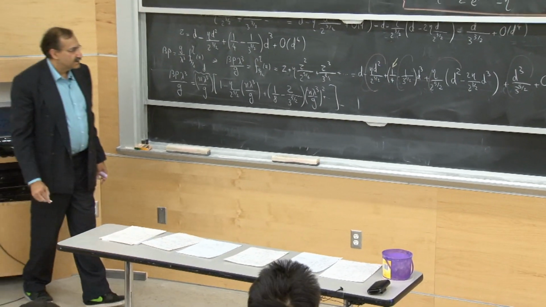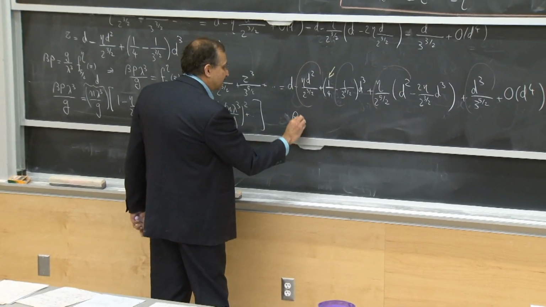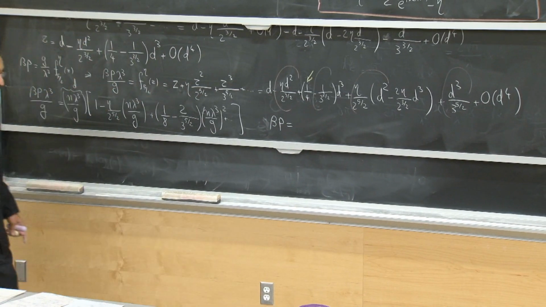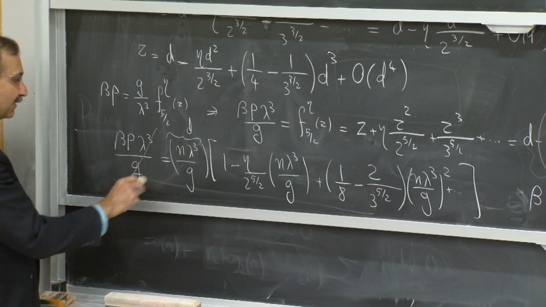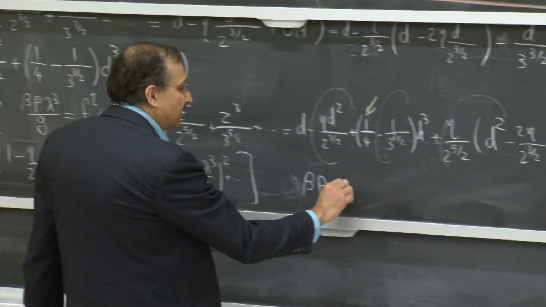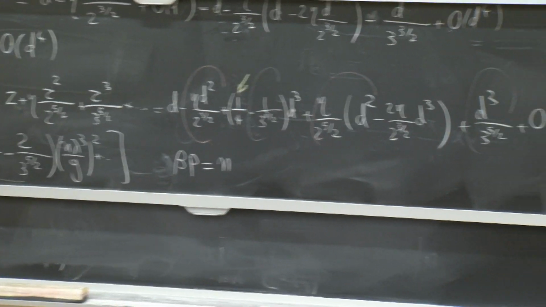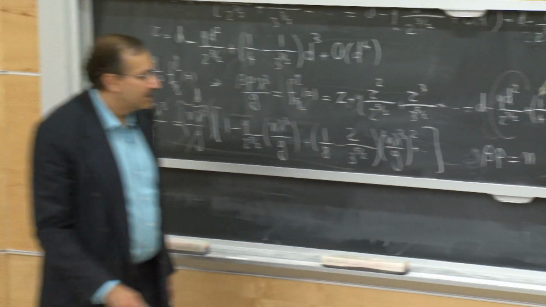So you can see that the form that we have is beta p, the pressure, starts with density. I essentially divide it through by lambda cubed over g. I start with the ideal gas result, n. And then I have a correction that is of order n squared.